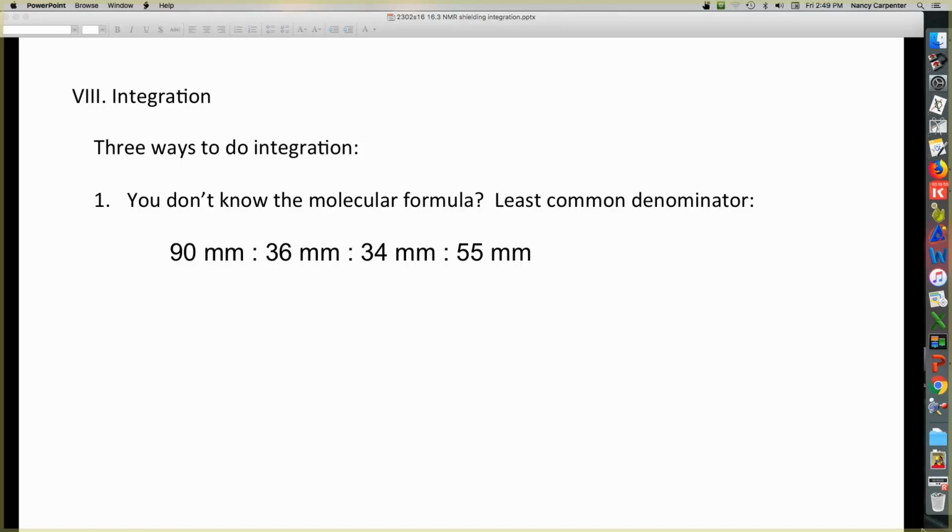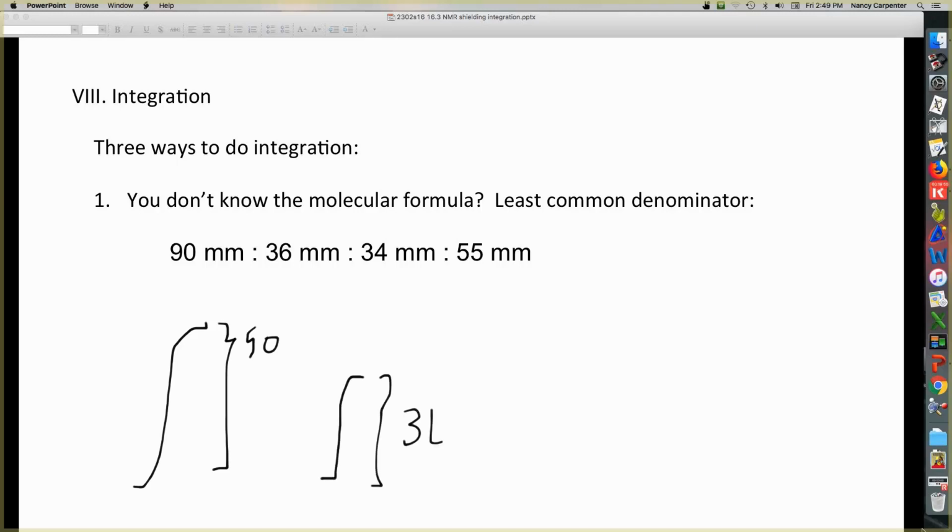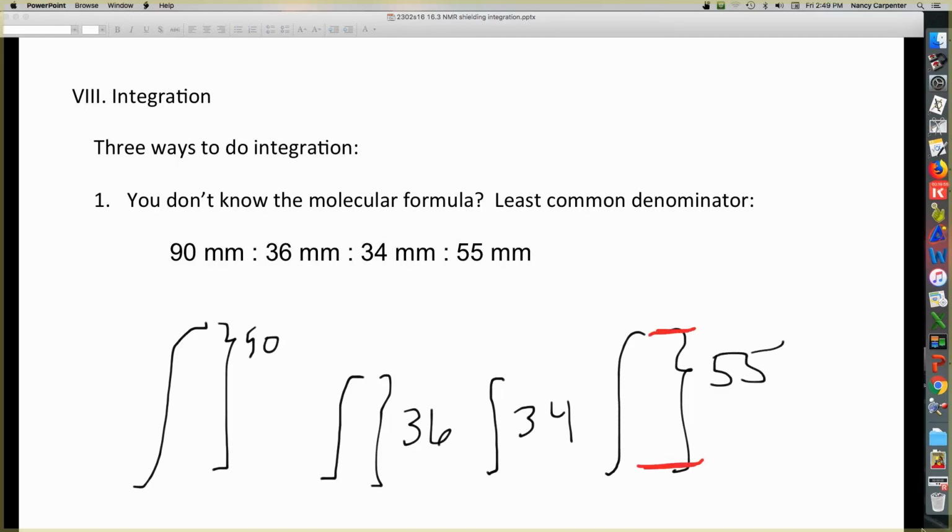So for example, let's say I have a spectrum where this distance from here to here is 90 millimeters, and then this distance on the next integration is about 36, and then the next integration is about 34, and then there's one that's kind of in between. This distance is about 55. That's literally how an integration is measured, just from the bottom to the top.